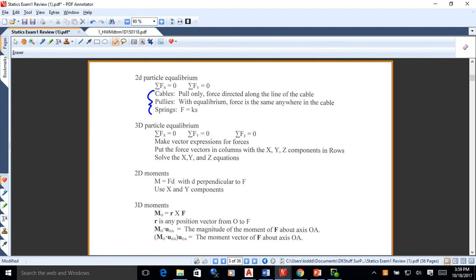Each row is x, y, and z, and you can then set the sum of the x, y, and z rows to 0 and solve. Then we did 2D moments with force times distance, with d perpendicular to F, and 3D moments generally found using a cross product. And then to find a moment about an axis, you dot the moment vector with a unit vector for the axis. So that's the stuff we've covered.